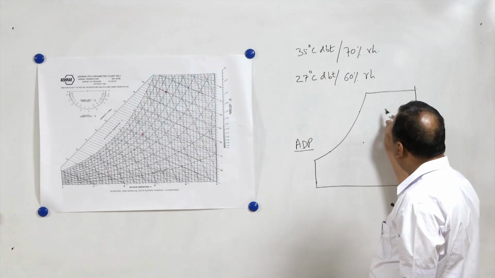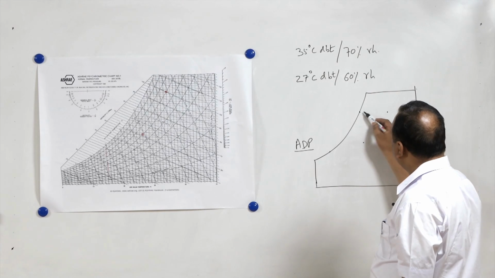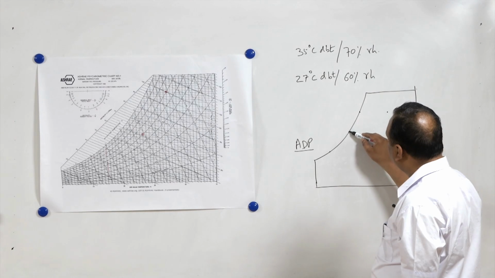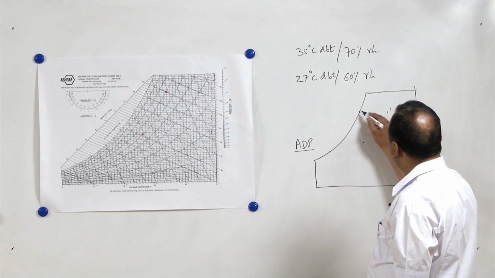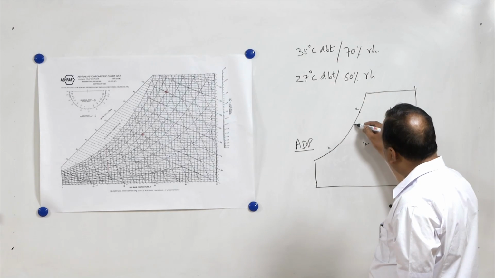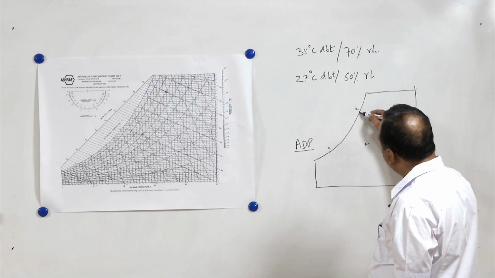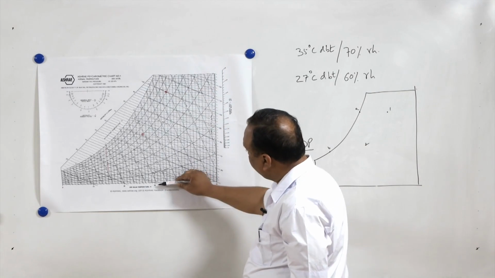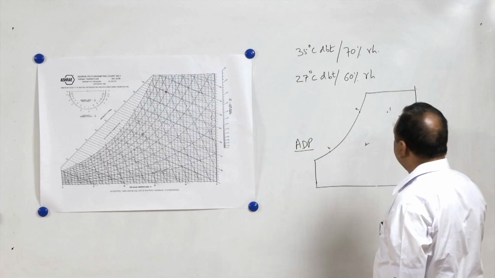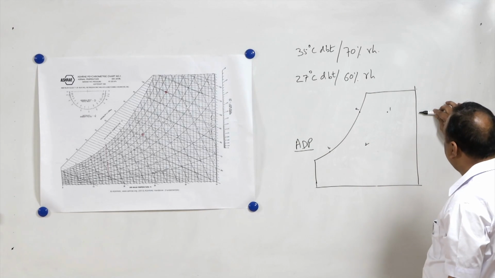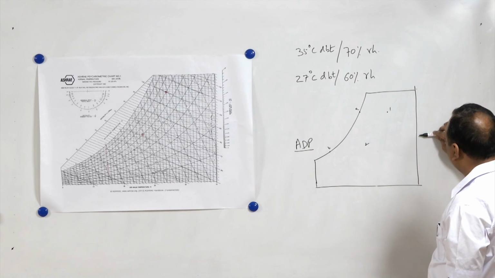Now after reaching this state, the air gets saturated during sensible cooling. After sensible cooling, then dehumidification starts, cooling with dehumidification starts. So throughout this process, let us say 1, 2, A and B. Throughout the process A to B, the cooling of the coil takes place, because you can see the dry bulb temperature keeps on reducing in this direction, and at the same time specific humidity, which is depicted here on the y axis, also comes down.